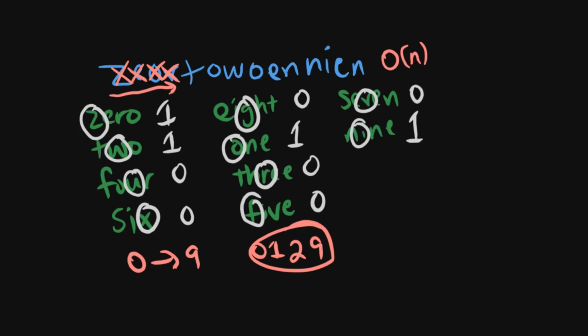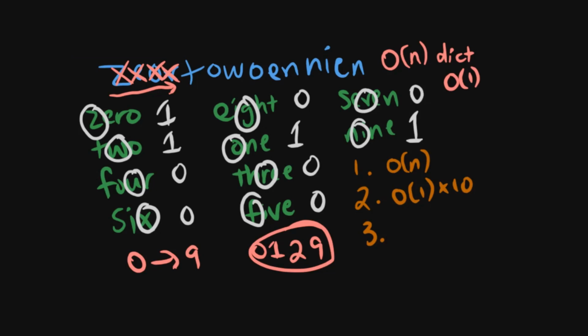Yes, we can use the dictionary because it gives us a constant O(1) lookup. So what we can do is, first, build a dictionary that gives us the count of each character in the string. This is a linear O(n) operation. Next, we'll go through the number of words from 0 to 9, looking up the unique character of each word. That can be done in constant time, and we'll need to do that 10 times.